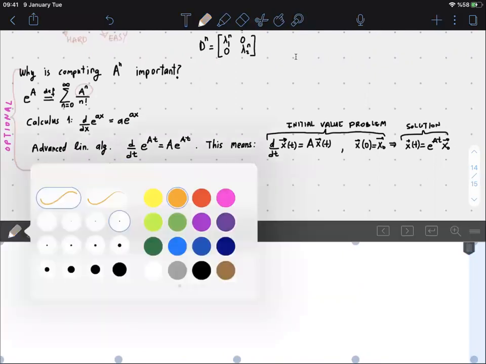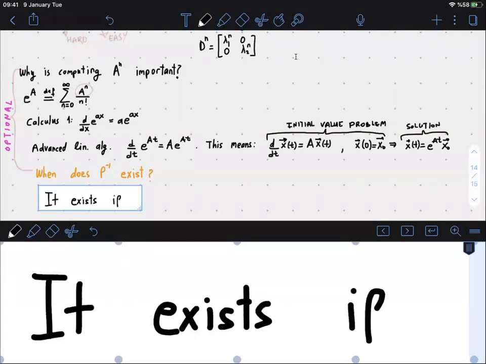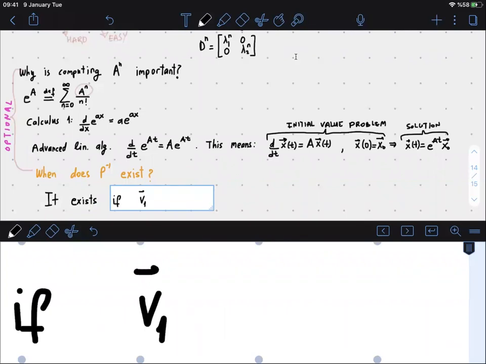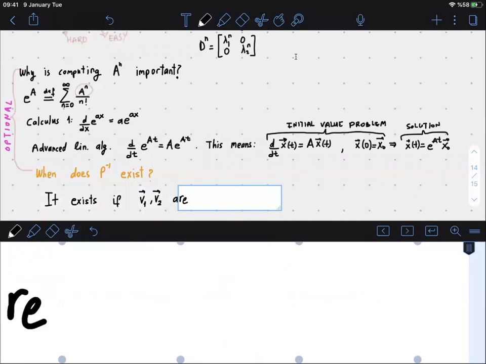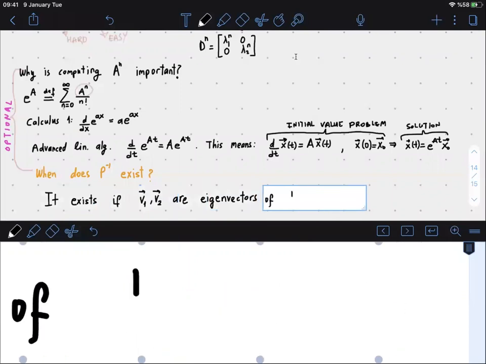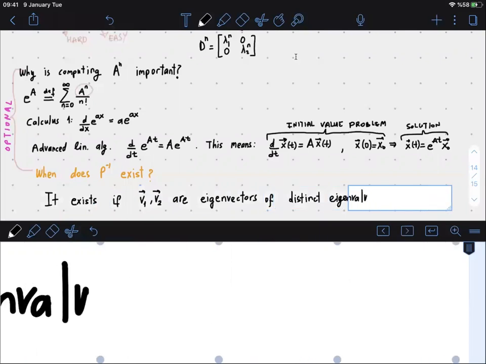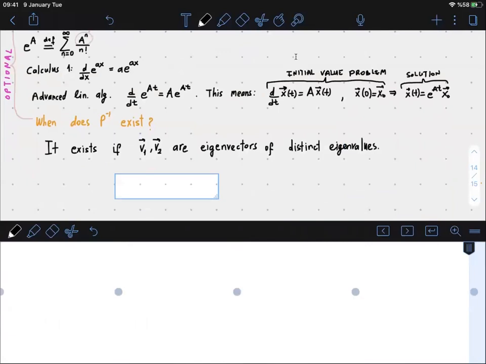P inverse exists if V1 and V2 are eigenvectors of distinct eigenvalues, just as we considered. Okay, now let's look at some examples.